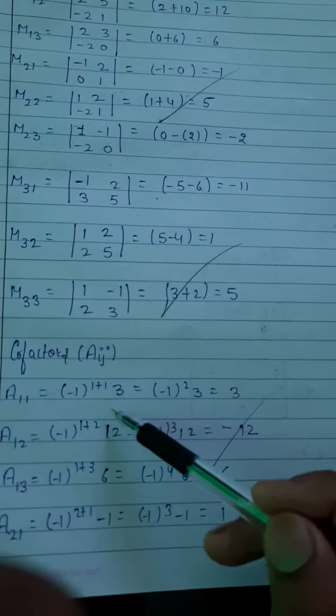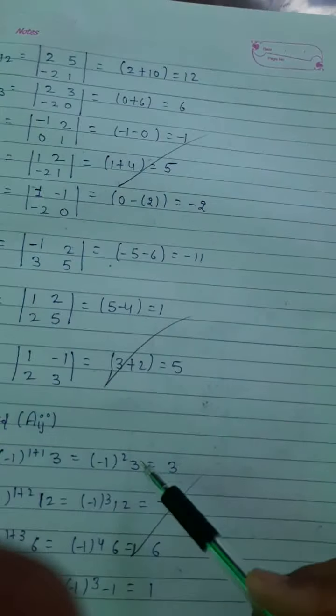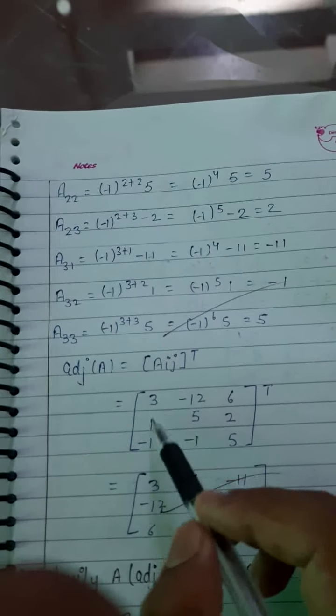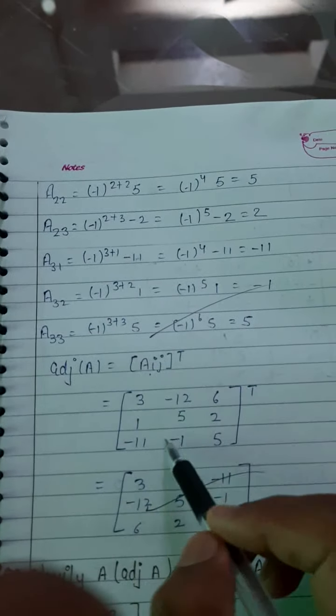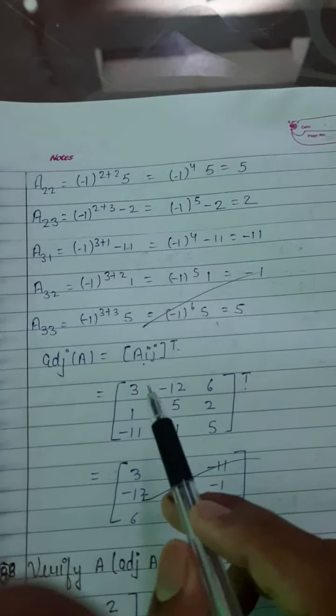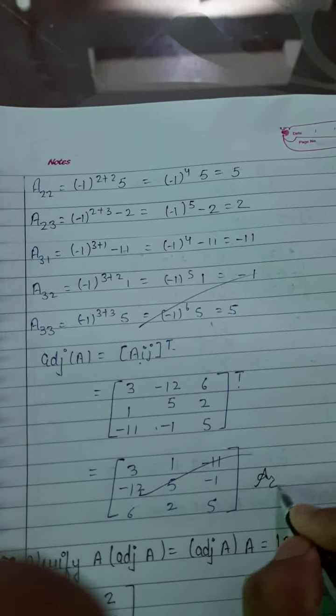Like I taught in exercise 4.4, we will find cofactors of all of these. So these are cofactors. Now we are making the matrix of cofactors here. Aij is the matrix of cofactors and this T we will write as it is. Now we interchange this row and column, and you will get your adjoint.